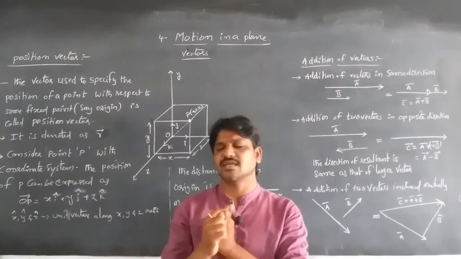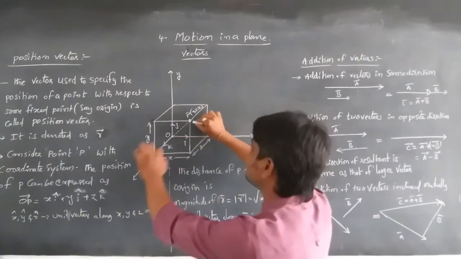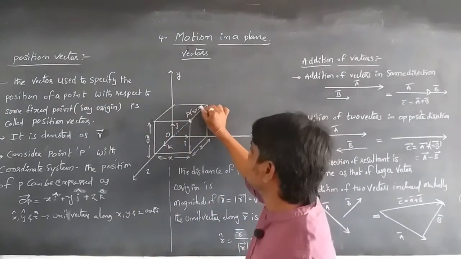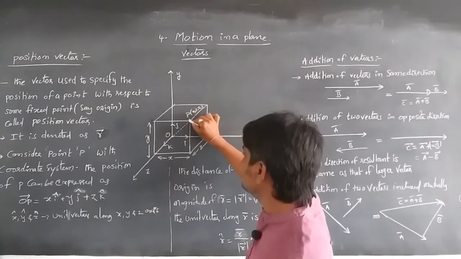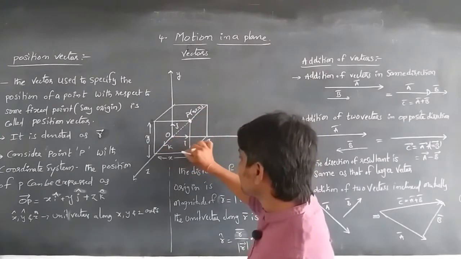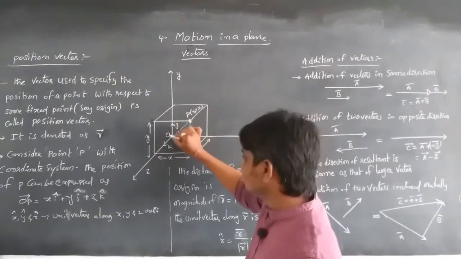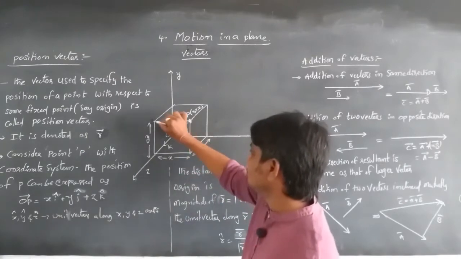So here, consider this is the coordinate system and P is the point. We are going to find the position of the point P with respect to x, y, z. This will be the x component, parallel to the x axis, and this is according to the y axis. This one is according to the z axis.